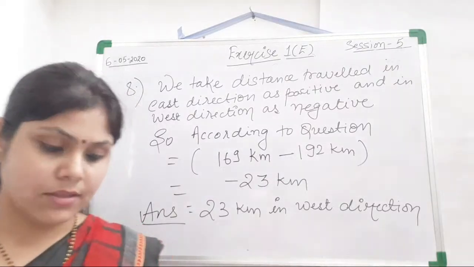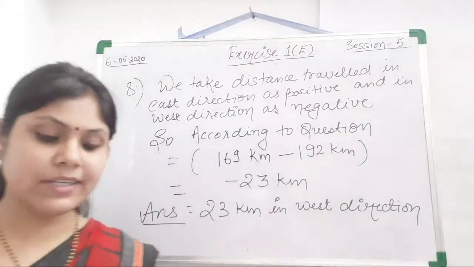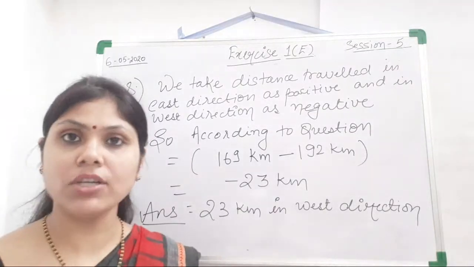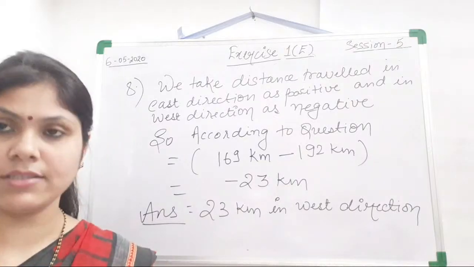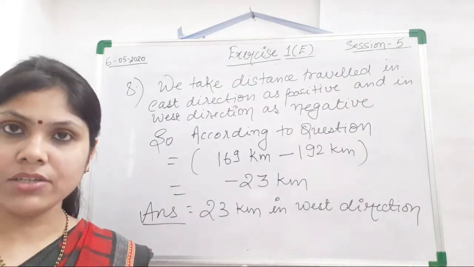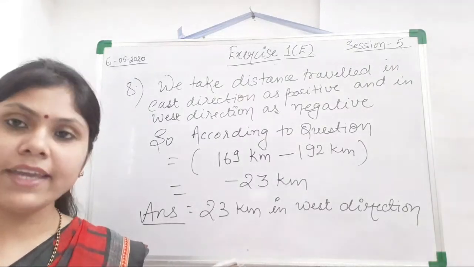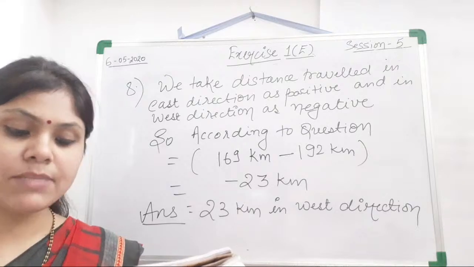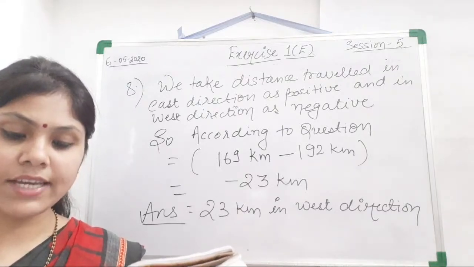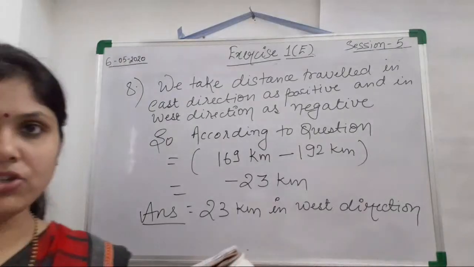During a month, the average day temperature of a desert region was 43 degrees Celsius and the average night temperature was minus 6 degrees Celsius. Find the difference between the average day temperature and the average night temperature.